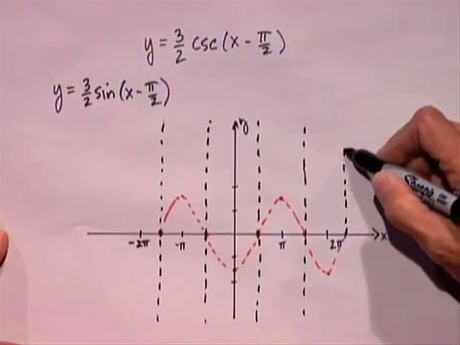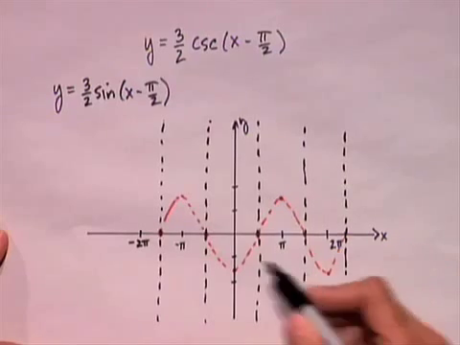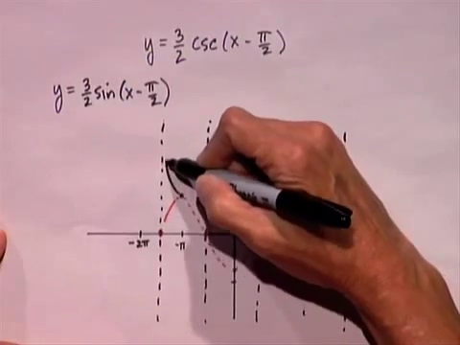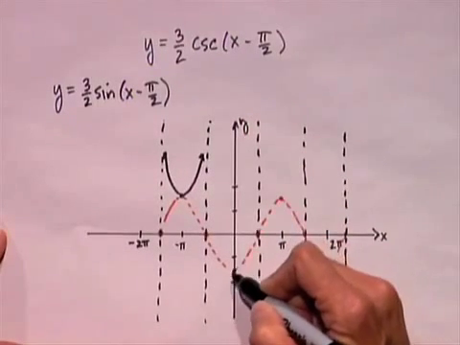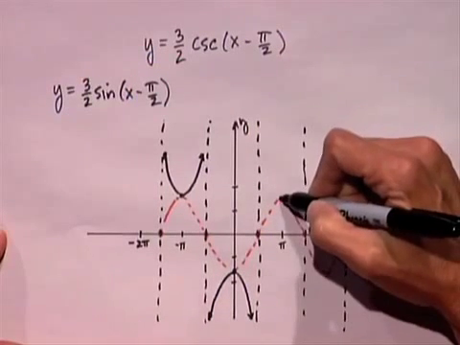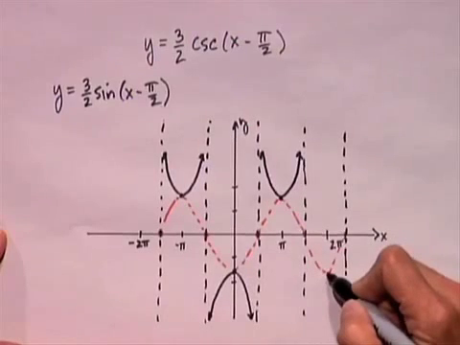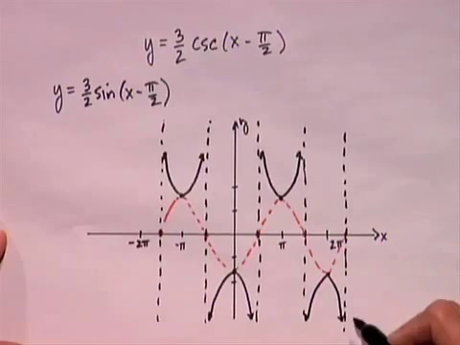And I've involved the 3/2 in my graph of my sine, so I'm ready to draw the pieces that make up the cosecant graph. And so these solid black curves are the pieces of my cosecant graph, using the sine to get to this point. And so there's a sketch by hand of that cosecant graph.